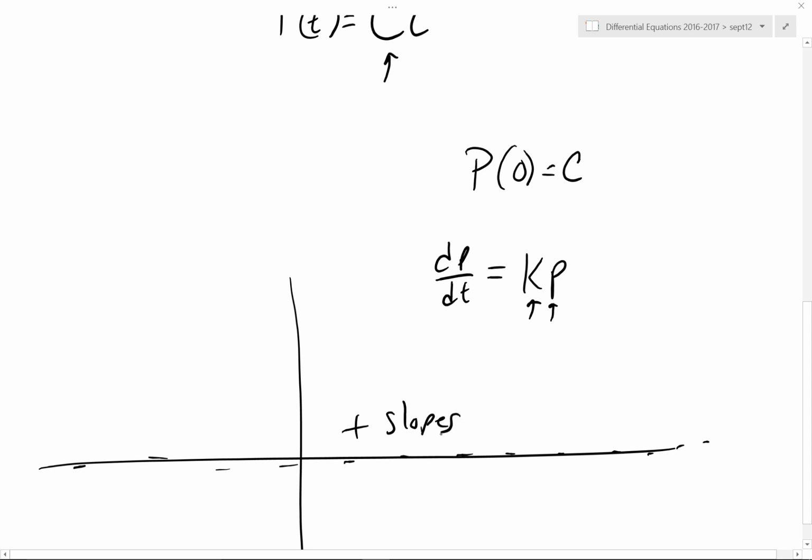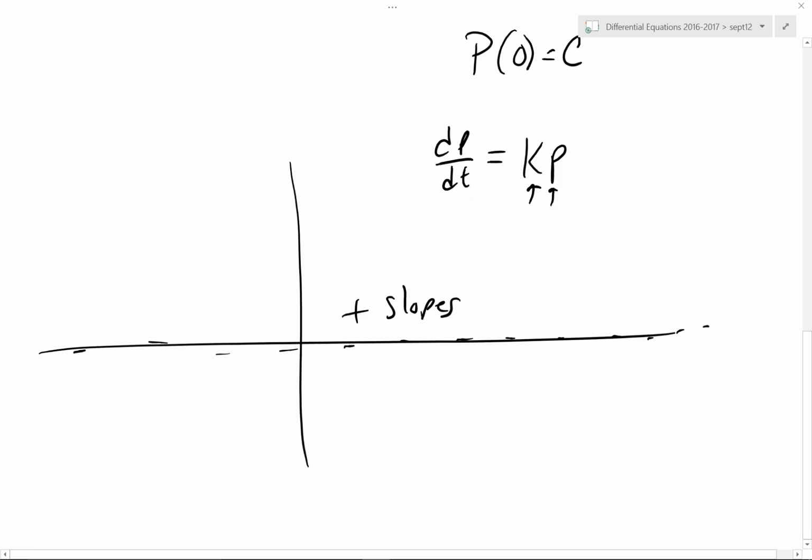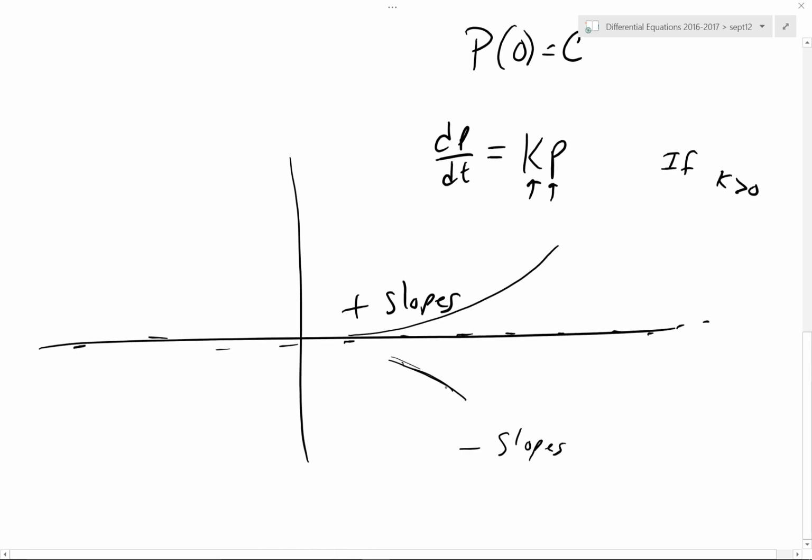Now, what happens if P is negative? Which, again, is weird if it's a population, but you get negative slopes. Now, if it was money, of course, it could decay. If it was radioactive material, it decays, and so that's cool. But the idea here is, that's if k is positive. We end up with positive and negative slopes like so.